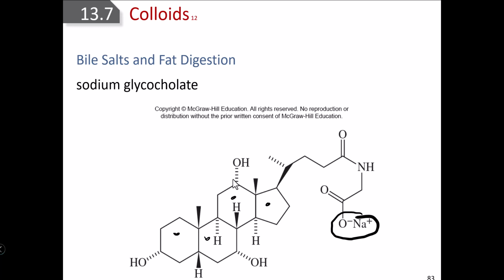Sodium glycocholate. Yeah, cholate. I said glycophosphate or something. Glycocholate. All right. So bile salt. So this is how we digest fats, so that we can use them for energy in our bodies. All right. That's where we're going to stop.